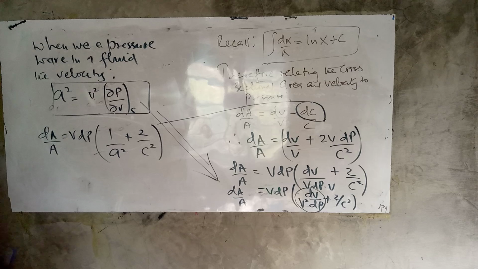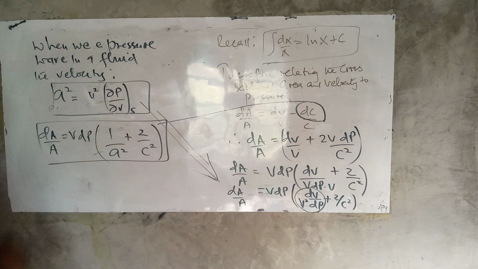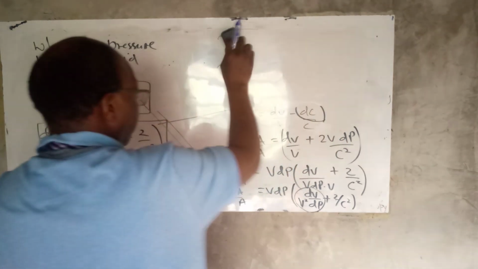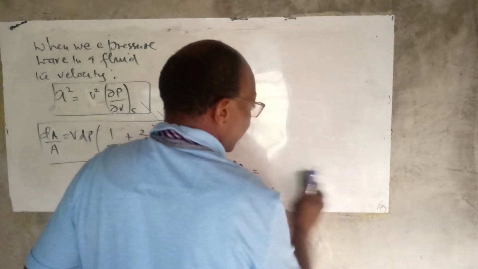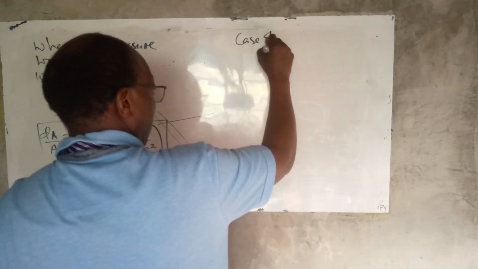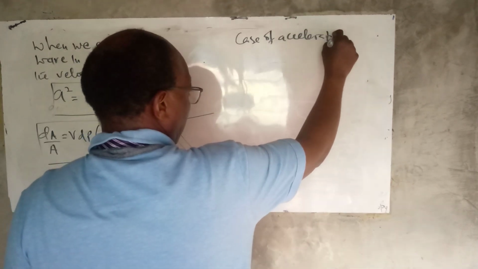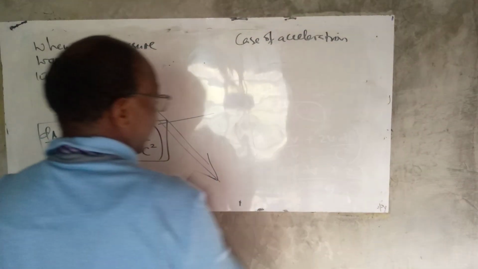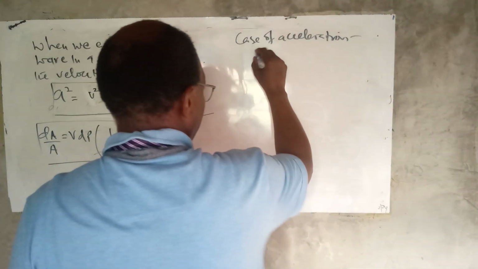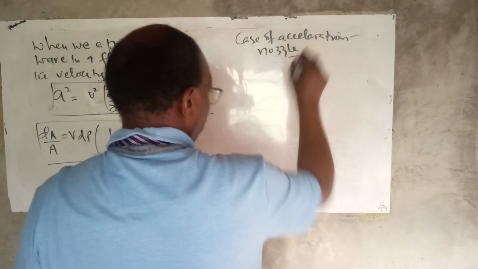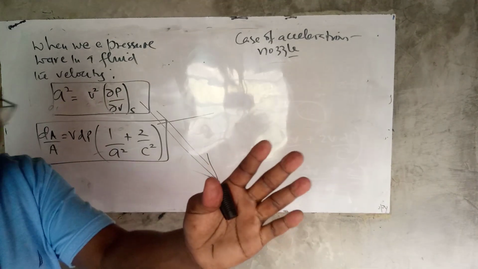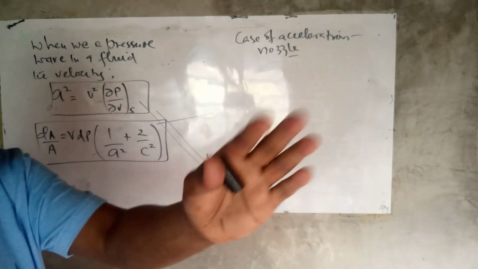Now, what does this mean? What's the import of this expression? If we have a case of acceleration, as will be the case in a nozzle, remember, in the nozzle high pressure comes out as low pressure, and low velocity comes out as high velocity.